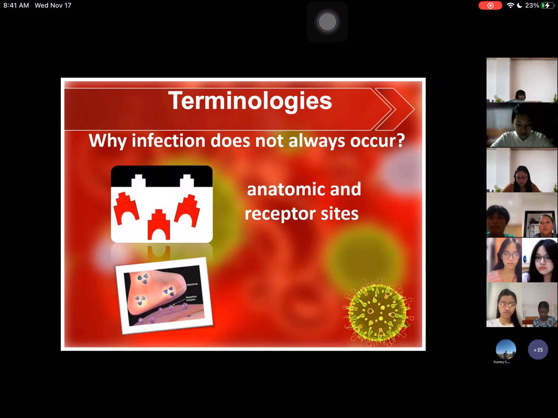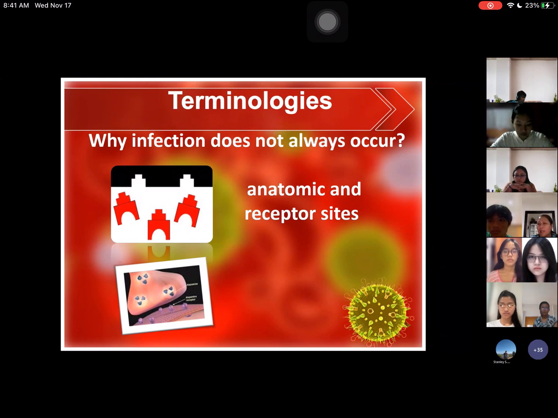So why does infection not always occur? We have so many reasons why infection does not always occur, even if we know that we are exposed to an environment where there will be instances or cases of infectious diseases like COVID-19 caused by SARS-CoV-2 or other diseases like dengue.